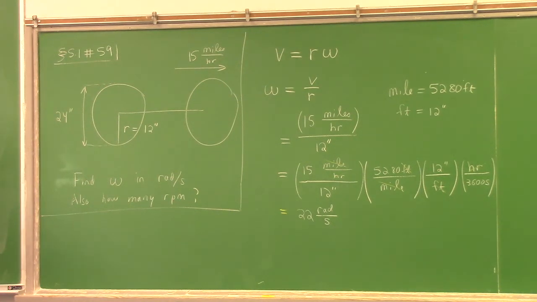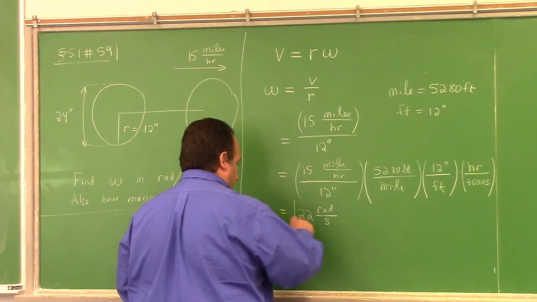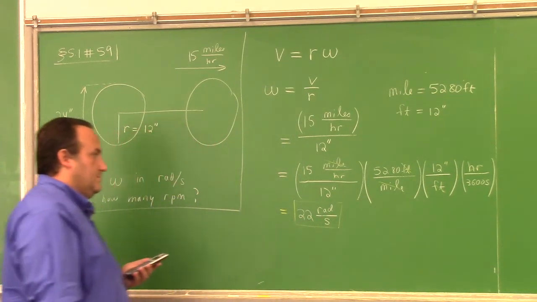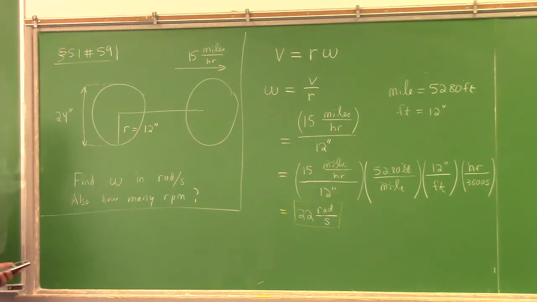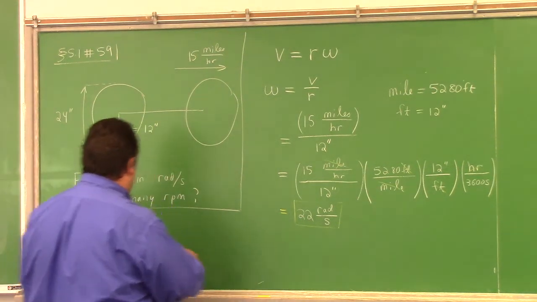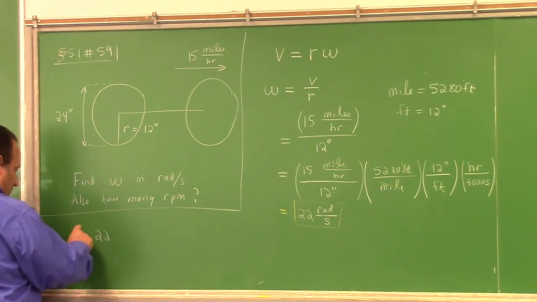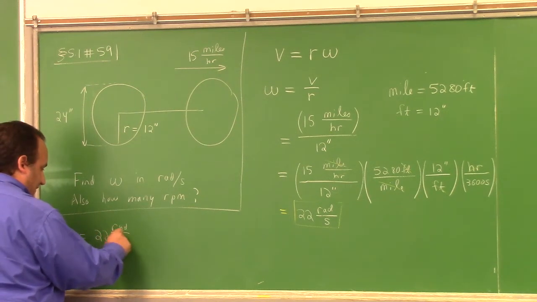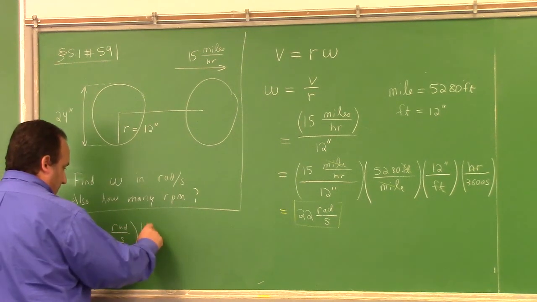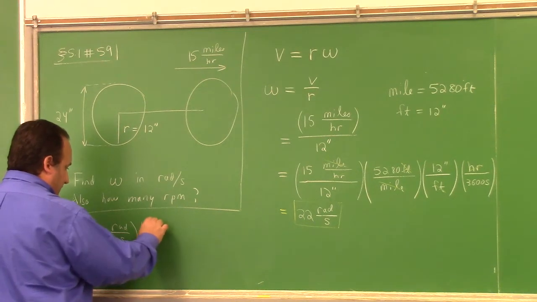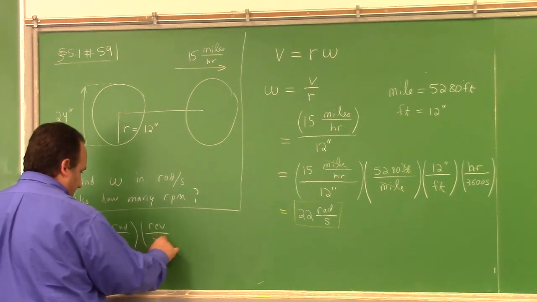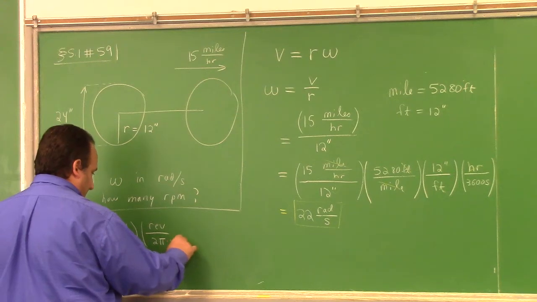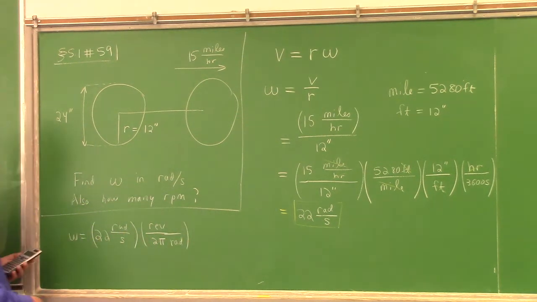Right? Now, how do I convert to revolutions per minute? So I take 22 radians per second, and I multiply by 1 revolution per 2 pi radians, right? That's the conversion between revolutions and radians.